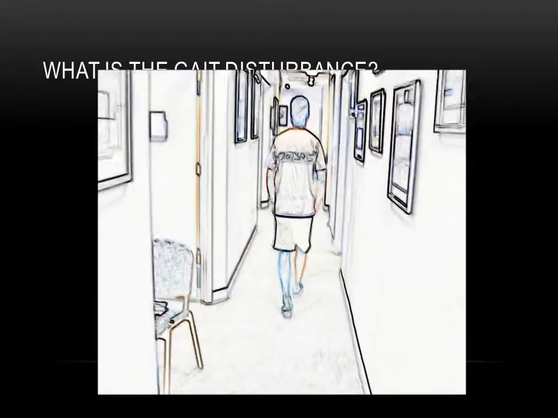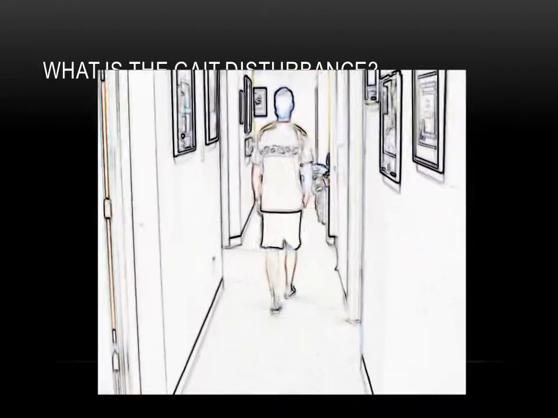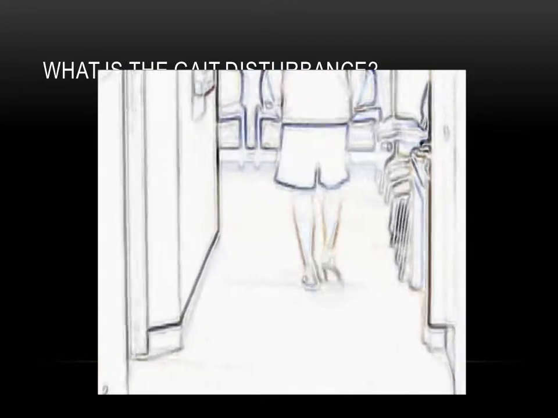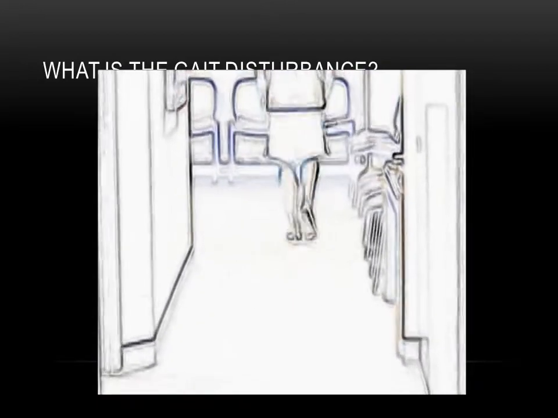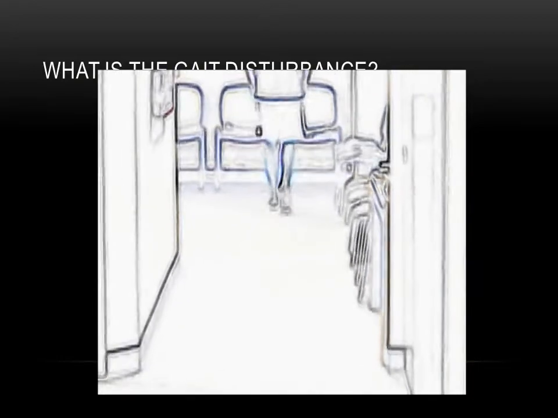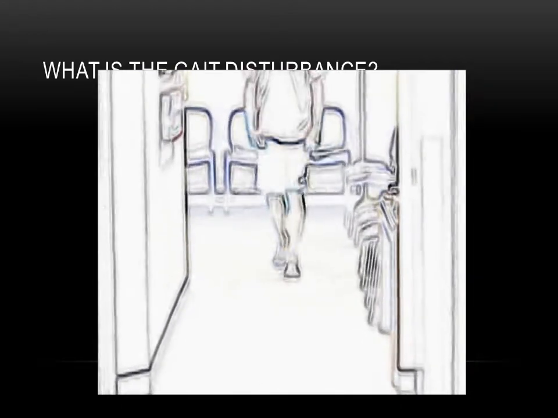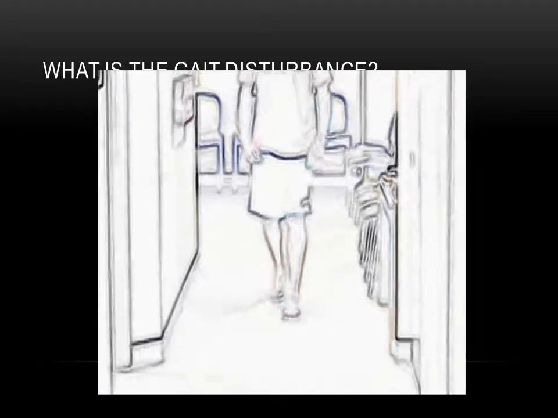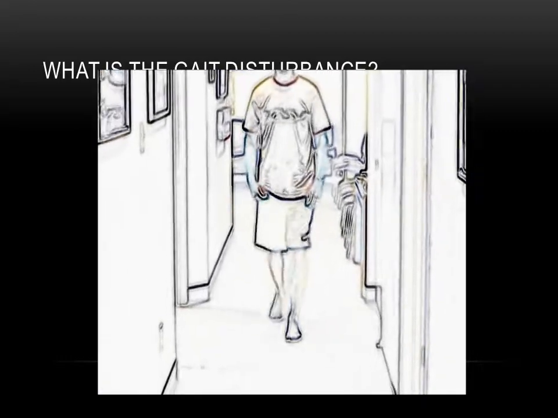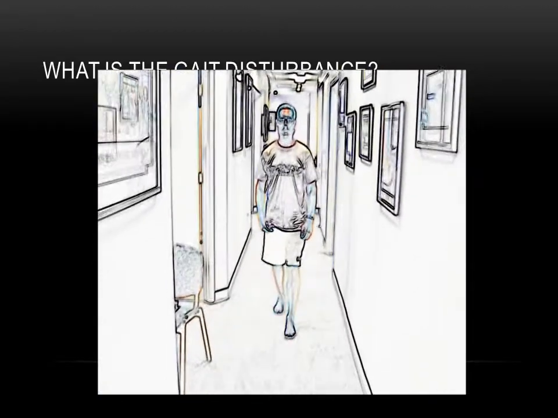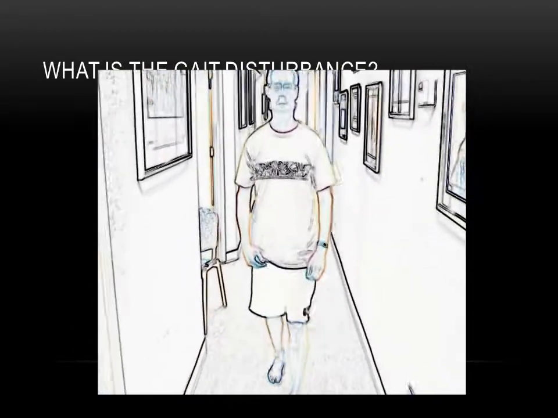What about this case? Tell me, in your opinion, is this normal or abnormal gait? Is there a gait disturbance at all? Disturbance here, doctors?